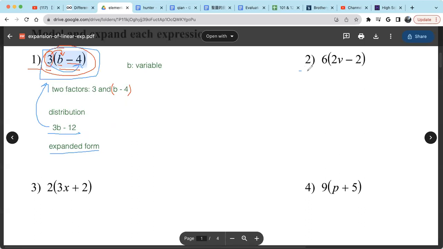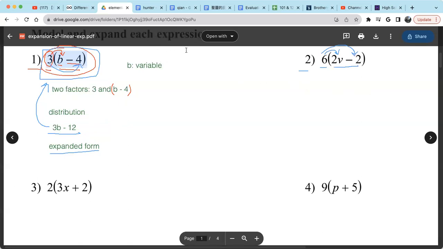Let's see 2. Right? 2 will have two factors. We have 6 as a factor of this expression. We have 2V minus 2 as another factor of this expression. So we can distribute 6 to 2V, and also we distribute 6 to -2. Distribution again means multiplication.